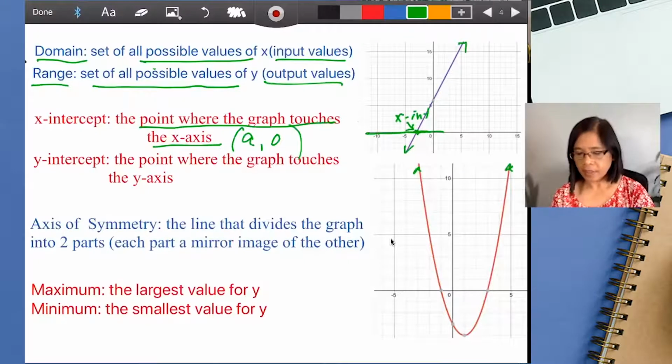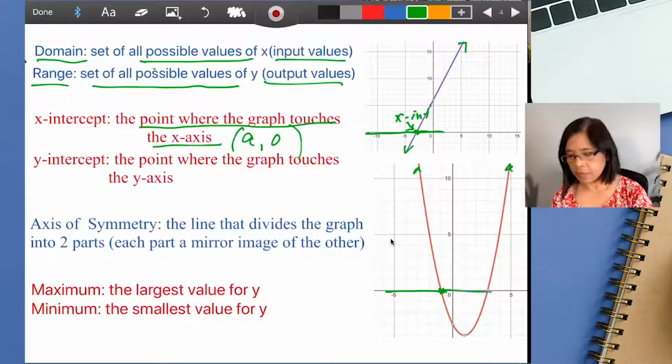If we look at the second graph, let's do the same thing. On your paper, sketch this graph, and let's draw a line from left to right. Notice this is a point of intersection between the graph and the x-axis. So we call this another x-intercept, or one of the intercepts.